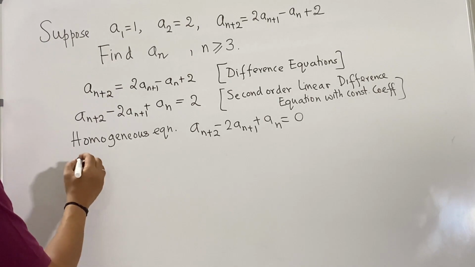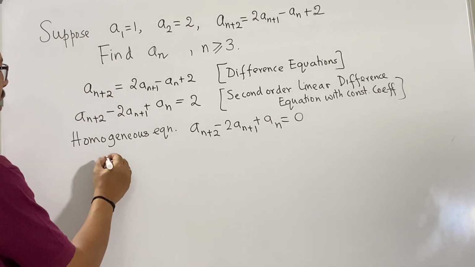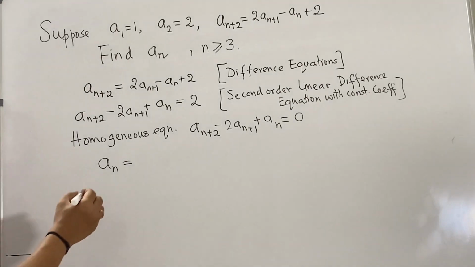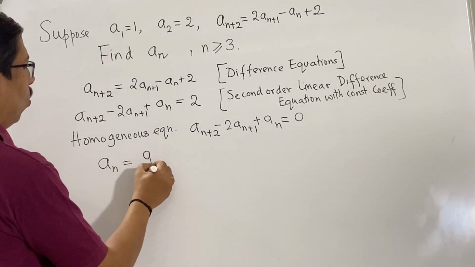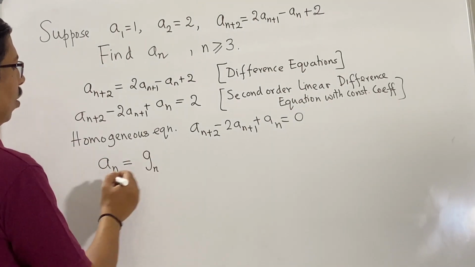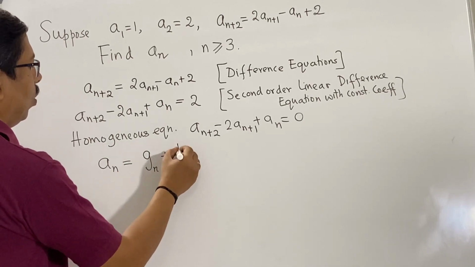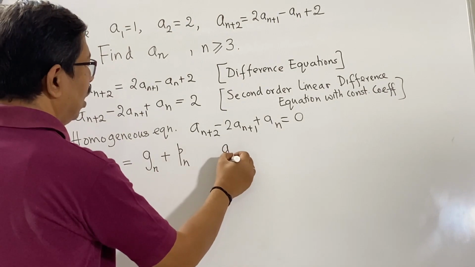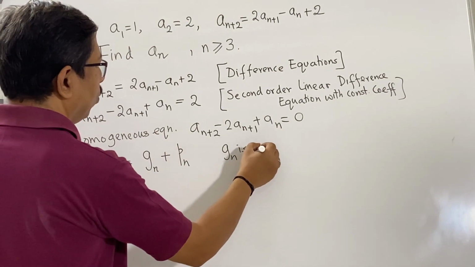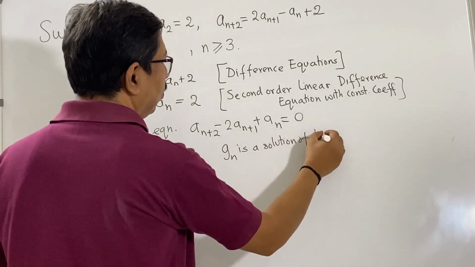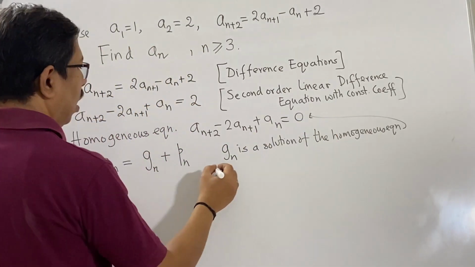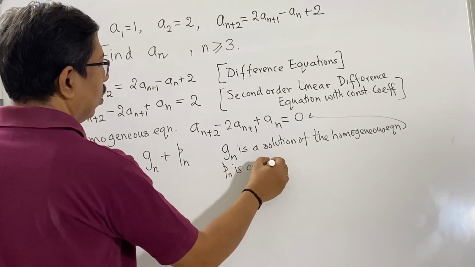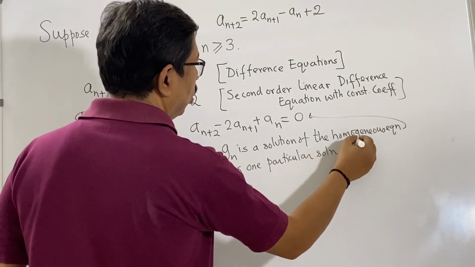So basically we can think of writing a(n) as a sum of two quantities: one is G(n) and the other we will call P(n). G(n) is a solution of the homogeneous equation, and P(n) is one particular solution of the non-homogeneous equation.